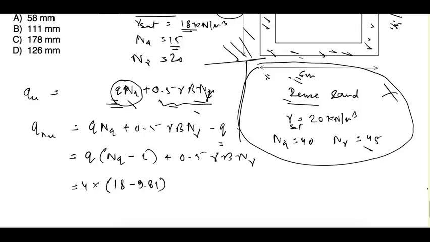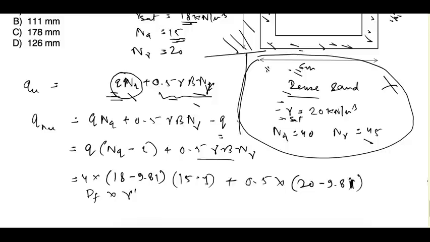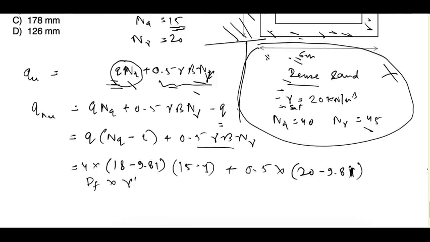So this part represents Df into gamma dash, that is the submerged unit weight, which is equal to q, multiplied by (Nq minus 1). Nq we also have to take from here, that is 15 minus 1, plus 0.5. Here also we have to take gamma dash, but in this term we will use the dense sand gamma, that is 20 minus 9.81, into B, that is 6 meter, into N gamma.